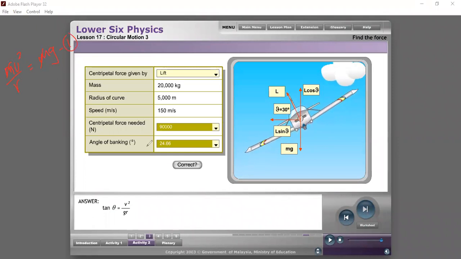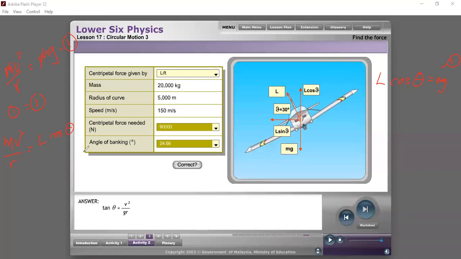From this equation, we also notice that L cos delta is equal to mg. Second equation. So mg first is equal to 2. That means mv squared over r is equal to L cos delta, right?